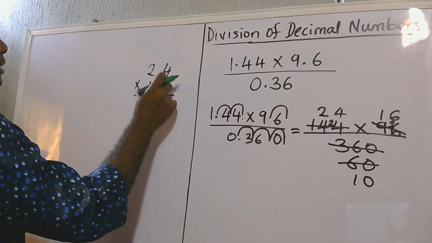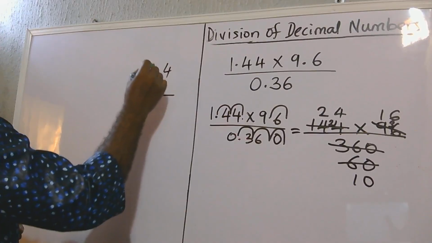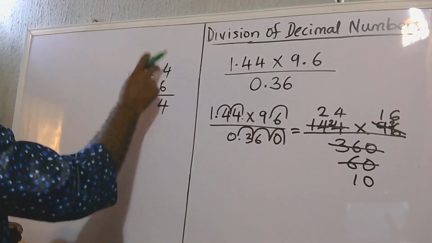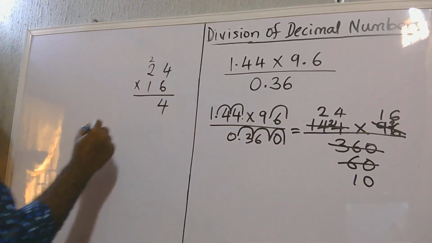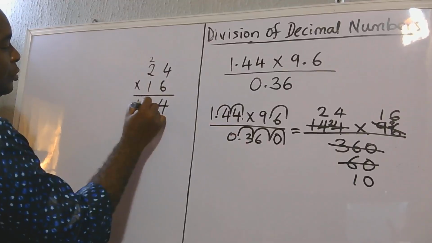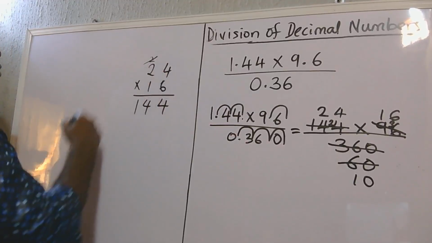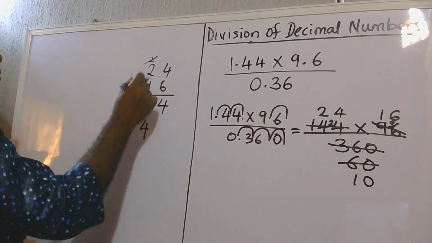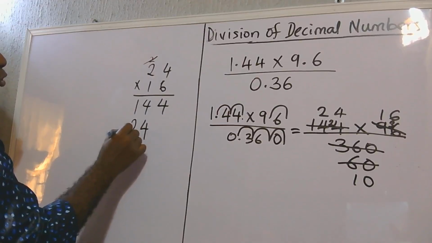Okay, now 6 times 4 is what? 24. 6 times 2 is 12, plus the 2 that was carried, that gives us what? 14. So that's 144. Let's try this out. 1 times 4, we put 4 here. 1 times 2, we put 2 here.